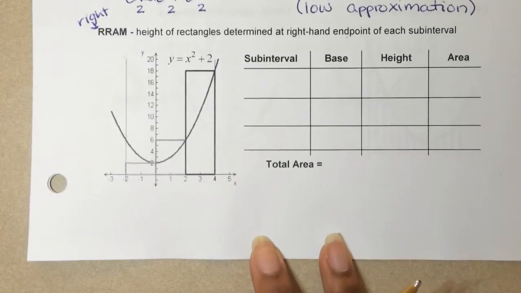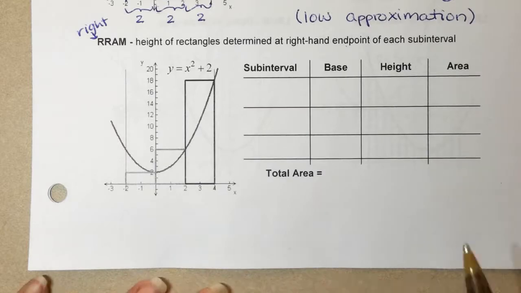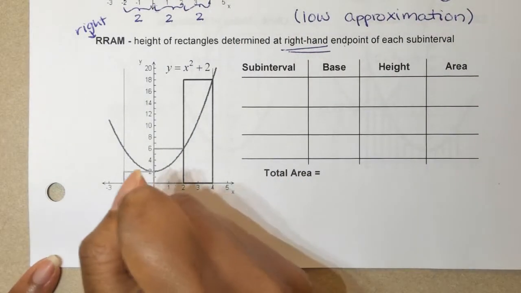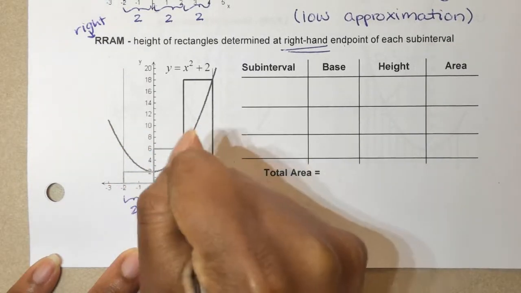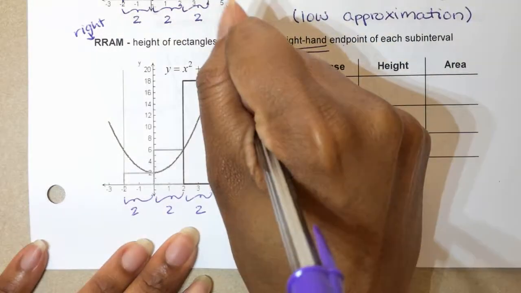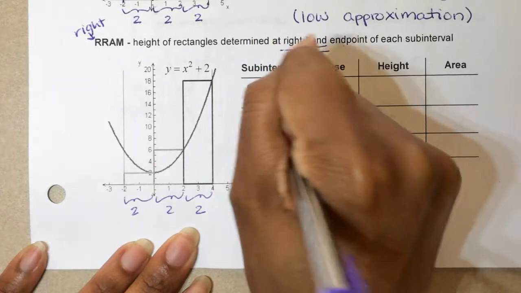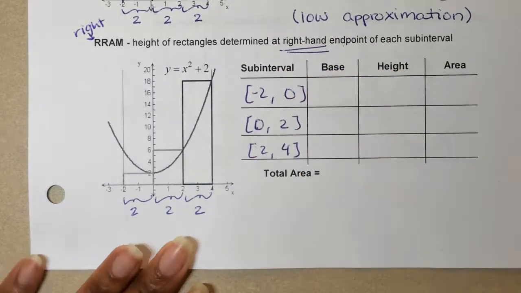So we're going to look at the same problem now from the right Riemann sum frame. Now the height of our rectangles is determined by the right-hand endpoint. We still have the same subintervals: from -2 to 0, 0 to 2, and 2 to 4.